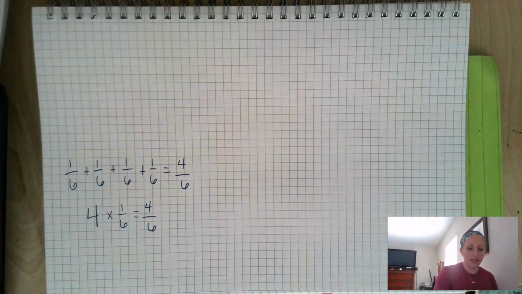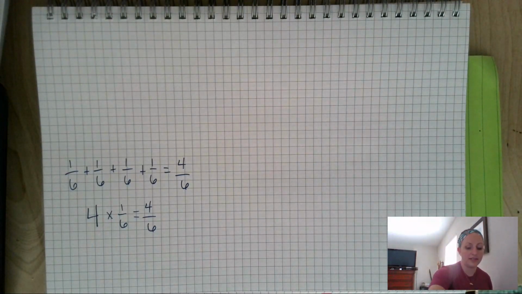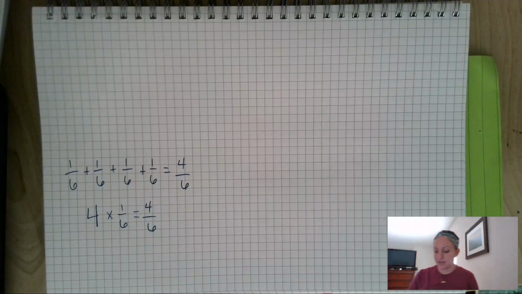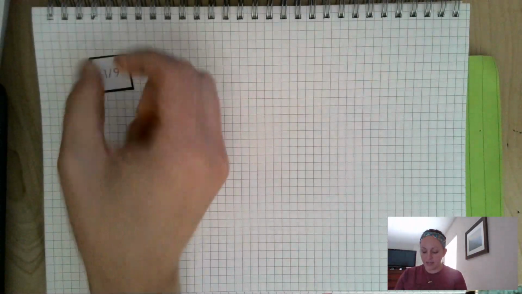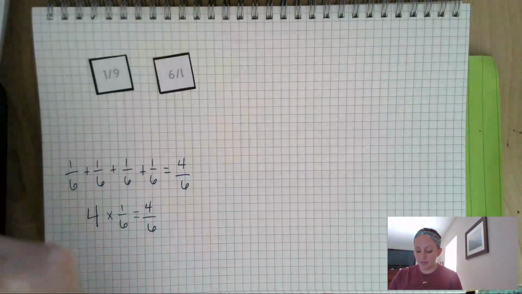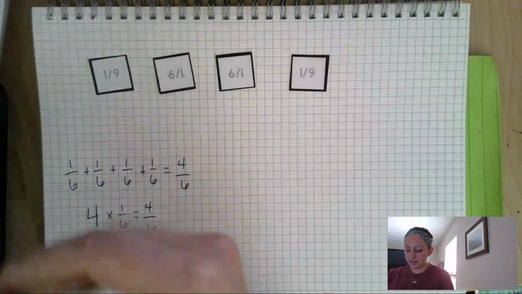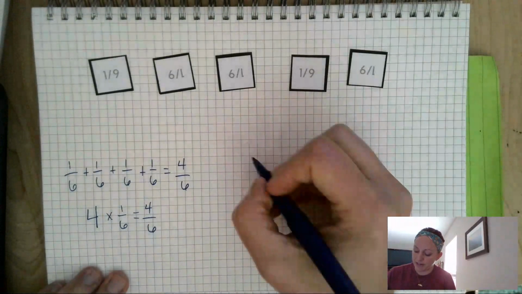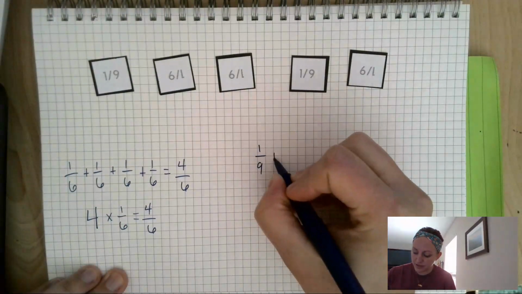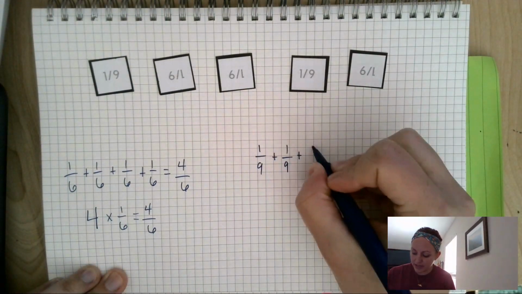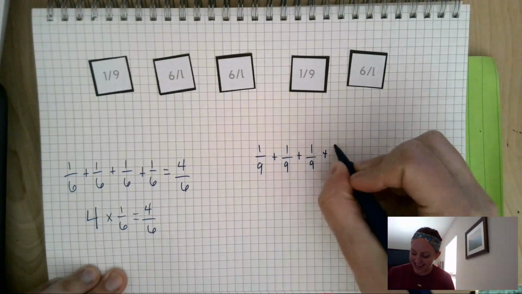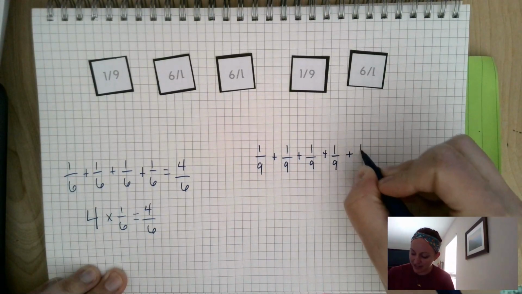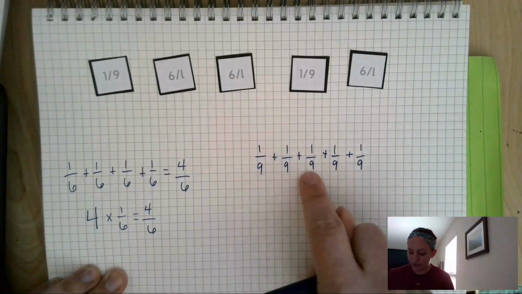All right, let's look at ninths. If I have 1/9 plus 1/9 plus 1/9 plus 1/9 plus 1/9, let me write this down again. 1, 2, 3, 4, 5.